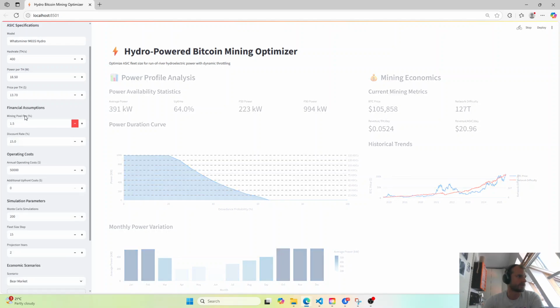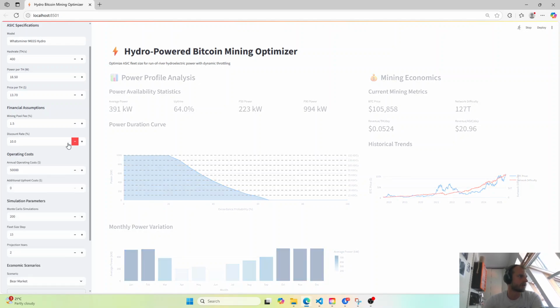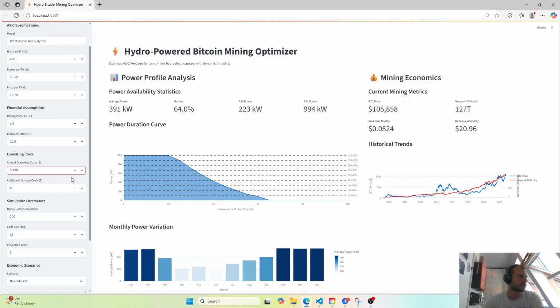Another element is mining pool fee. As you can see, everything can be adjusted. Discount rate. We can set the annual costs for running, so as soon as the hydropower scheme is on, what will be the annual costs, which is essentially the price of electricity.